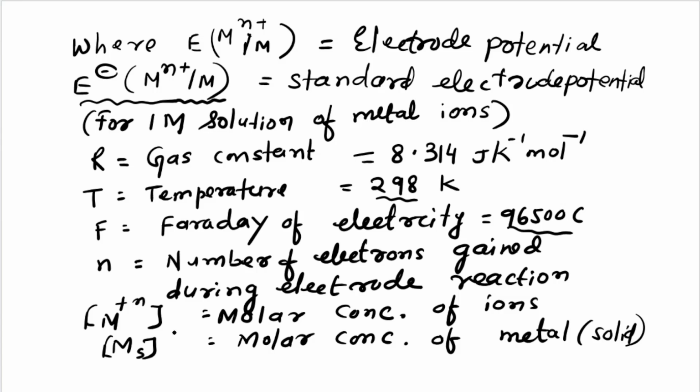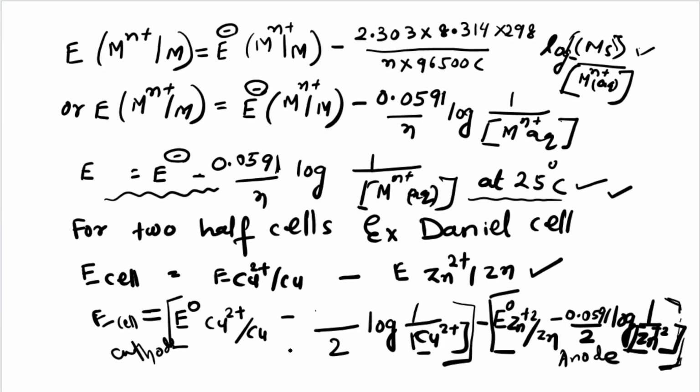You should put the sign for molar concentration, that is the square bracket, for the molar concentration of the metal. Then if you put all the values, 2.303, 8.314, 298, you will get the result. If you don't know exactly how many electrons, in the general case it is n. Now the concentration of Ms is solid, so you put the value 1.